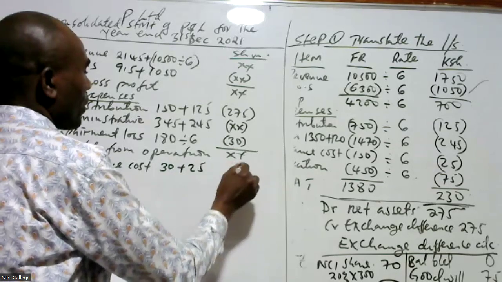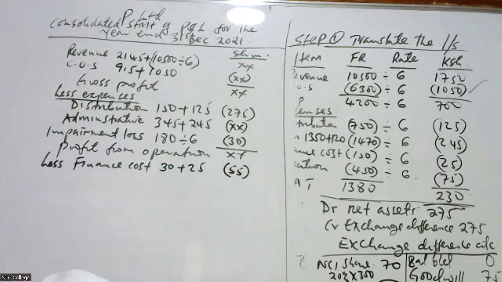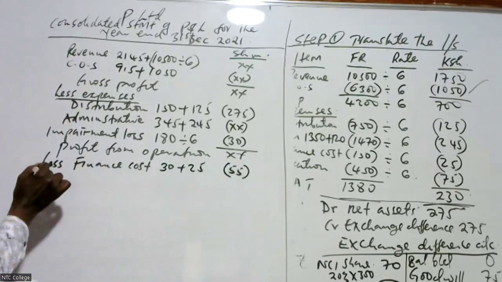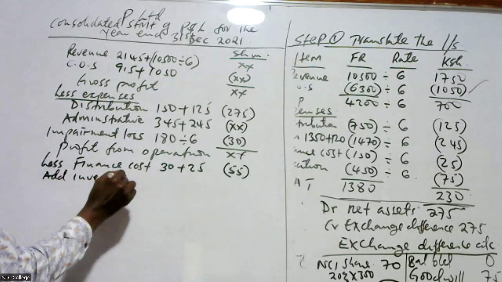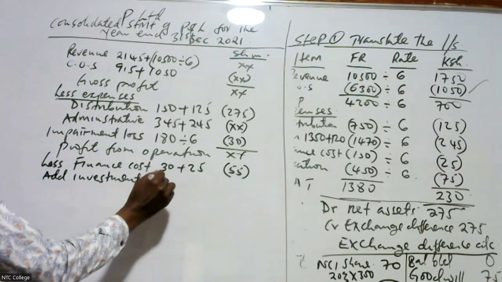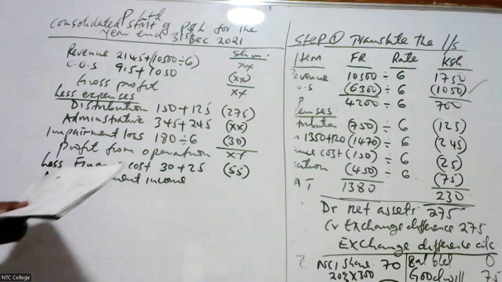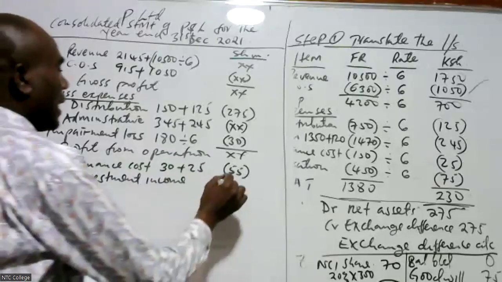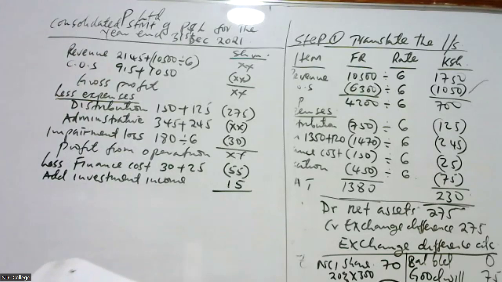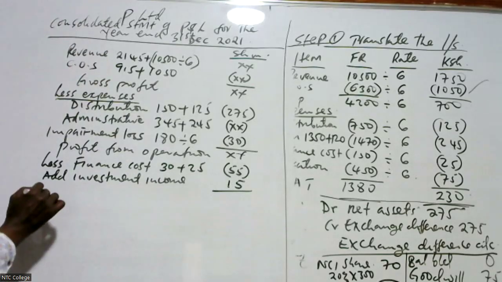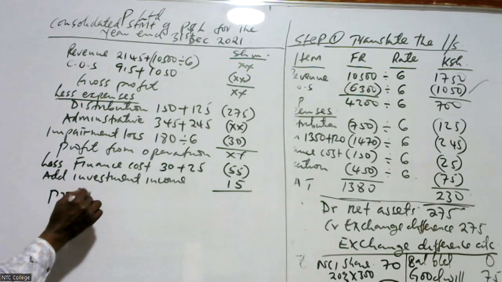I will report for you that 55. I come to add investment income, which is H plus S. It's only in H, 15. Then I get profit before tax.